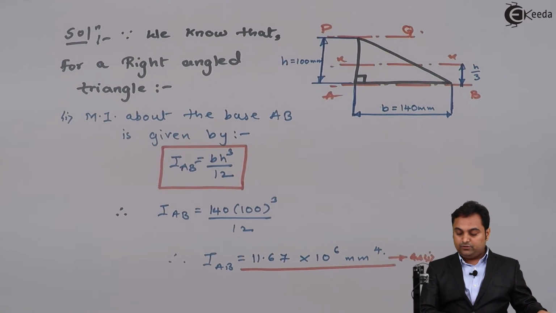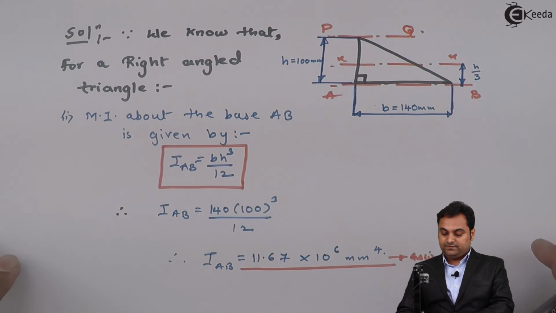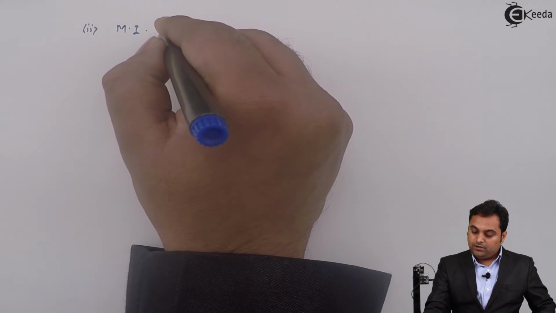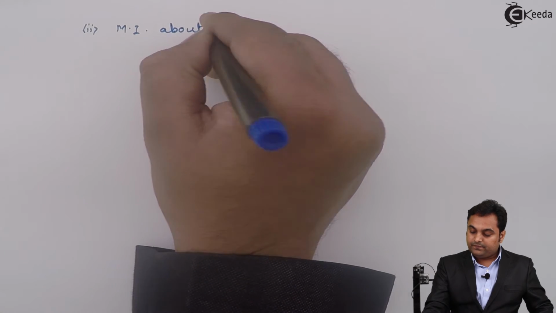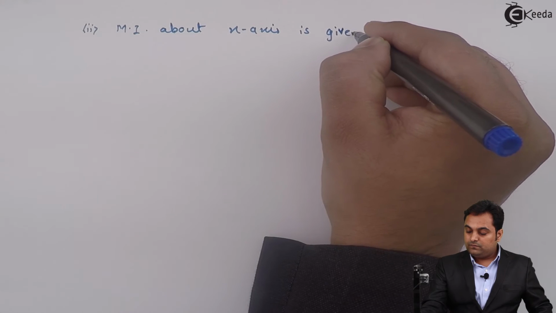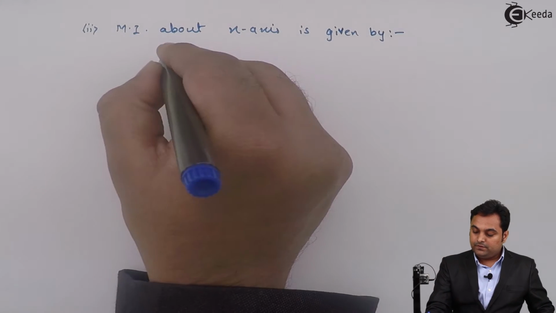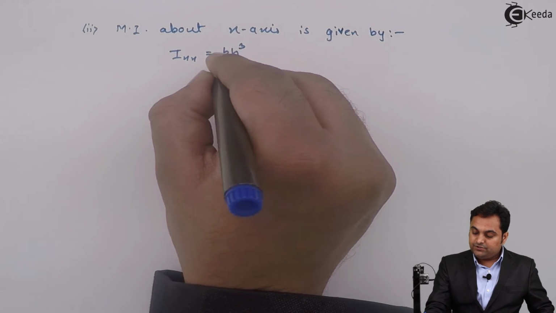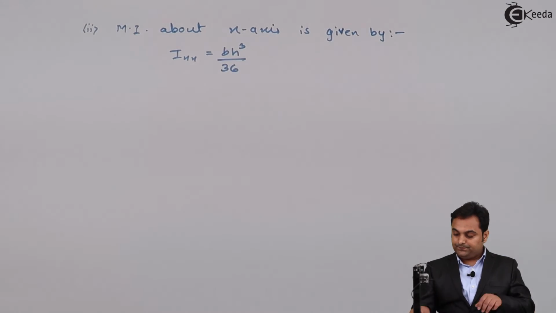Next I have to calculate MI about XX axis. So I'll say that MI about X axis is given by IXX is equal to BH cube by 36.